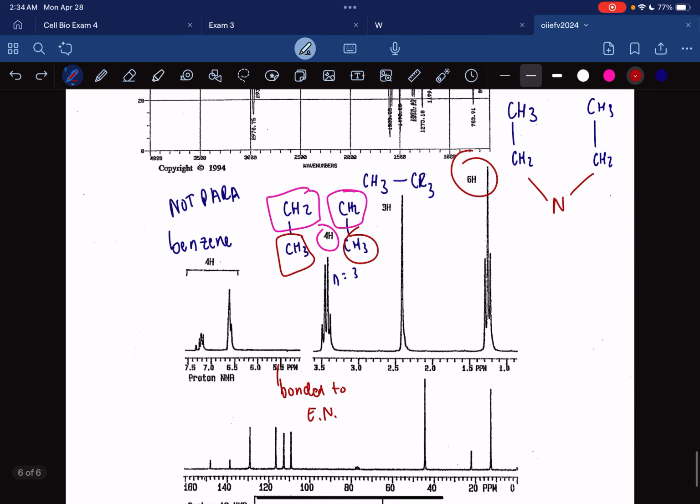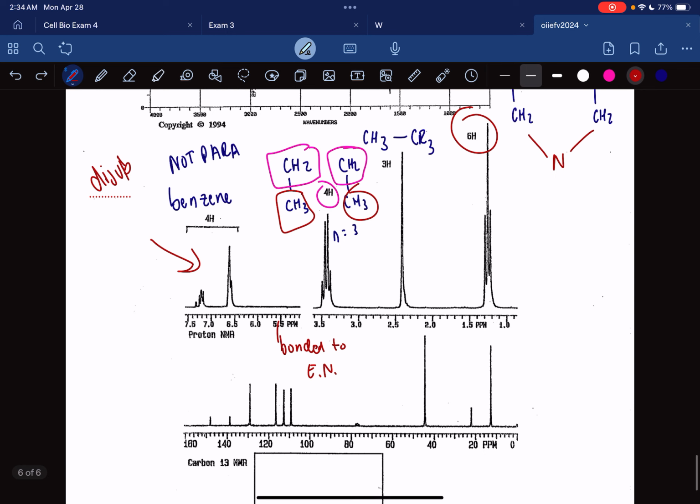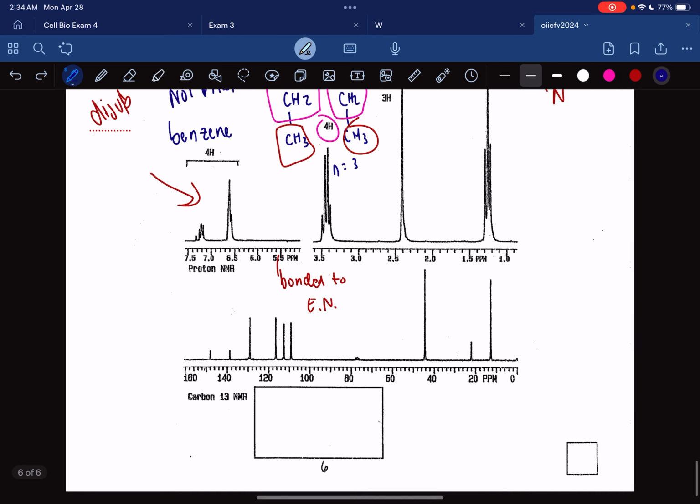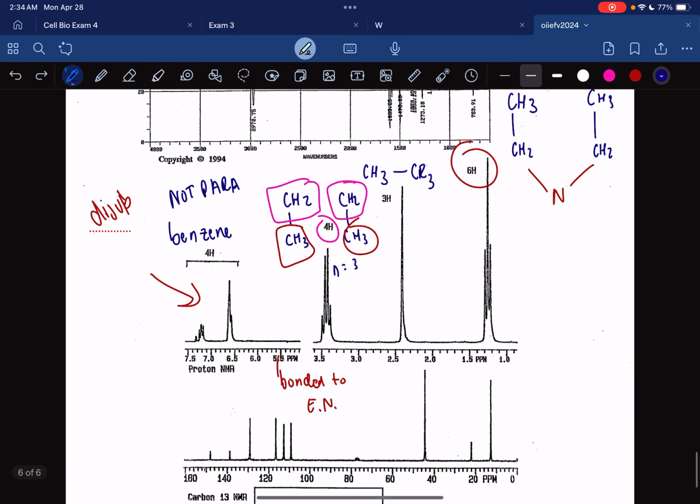Now, if you think about the benzene substitution, the benzene has to be disubstituted, because look at this splitting. There's 2 peaks. So there's some kind of disubstitution going on in the benzene. So you can guess and check an answer. Let's say we have a benzene like this, an N, and it has an ethyl here and an ethyl here, like this.